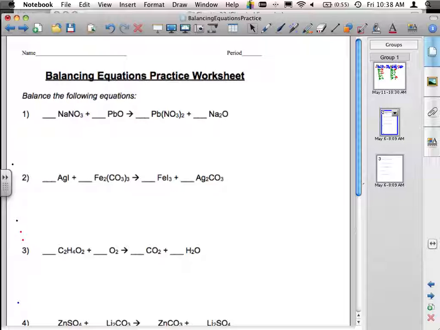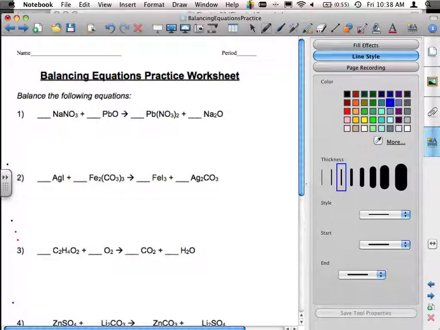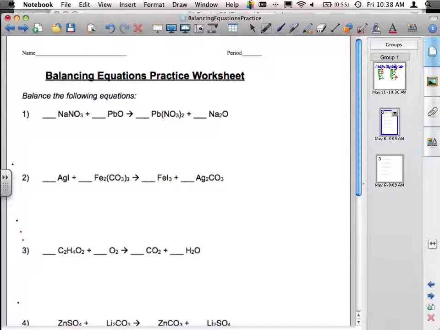Okay, the first thing that we do of all of these is do our counting. So we list our elements: sodium, nitrogen, oxygen, lead. Okay, now we need to count.